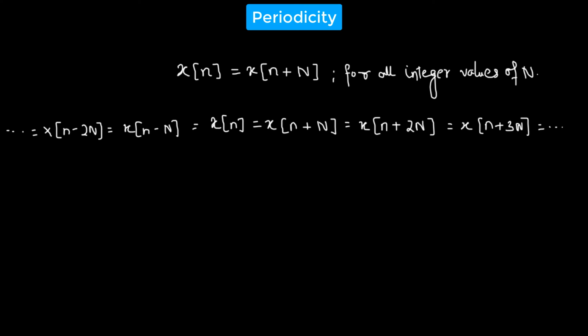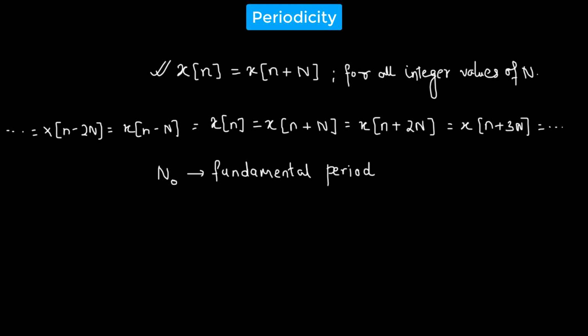Like in the case of a continuous time signal, we can also define the fundamental period of a discrete time signal. So the fundamental period will be given by N naught. So this will be the fundamental period. This will be the smallest integer value of N naught for which this equation holds.